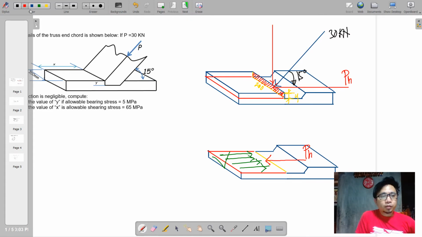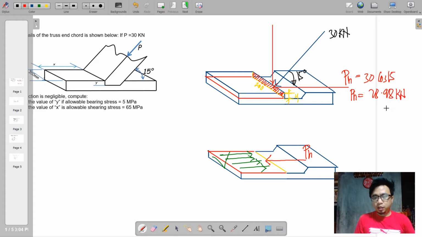Of course, the horizontal component is adjacent to the reference angle, so we're going to use the function of cosine. Therefore, PH is equal to 28.98 kilonewton.